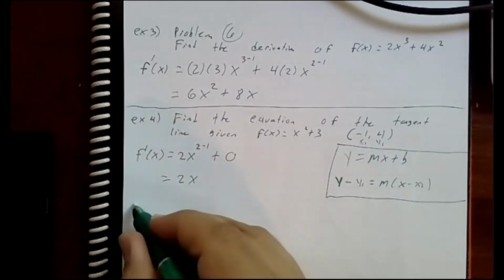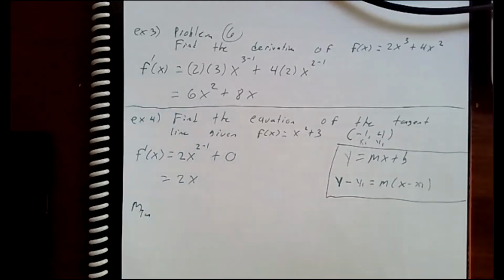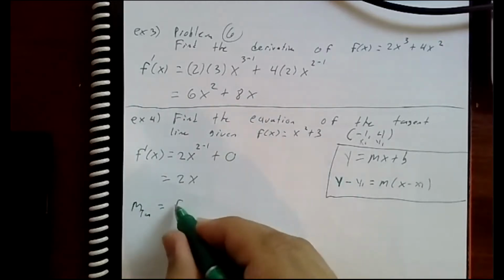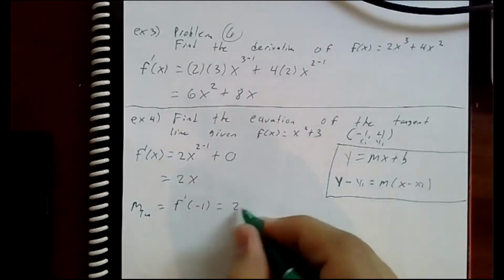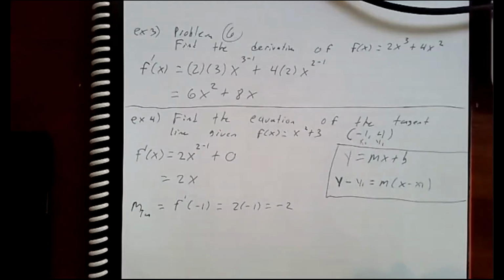Okay. M of the, I'm gonna call it M tangent, is equal to the derivative at -1, which is equal to 2 times -1. So there's my M.